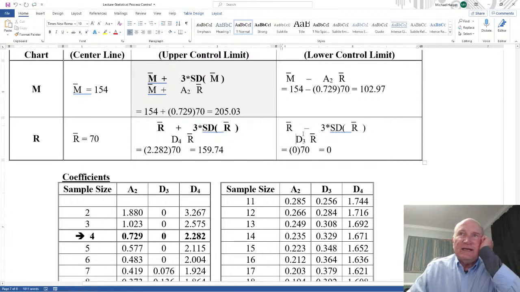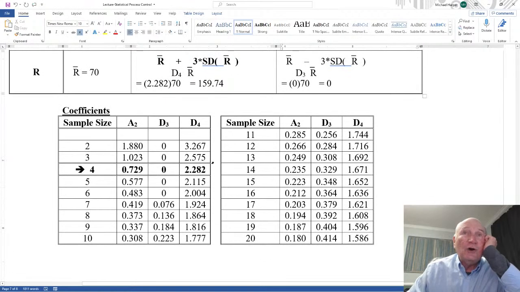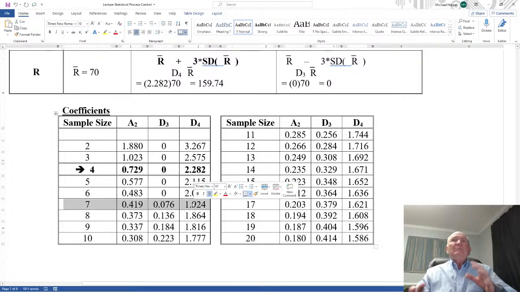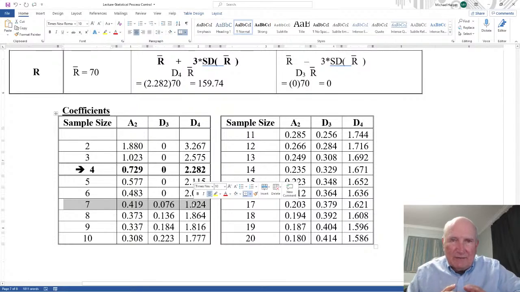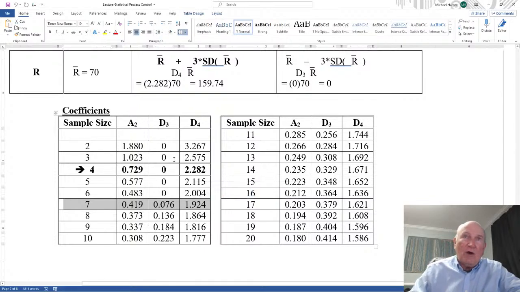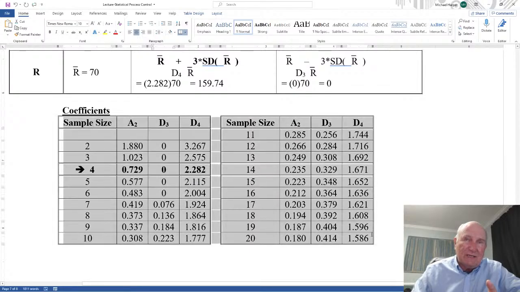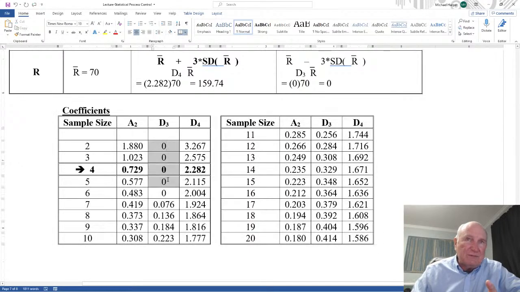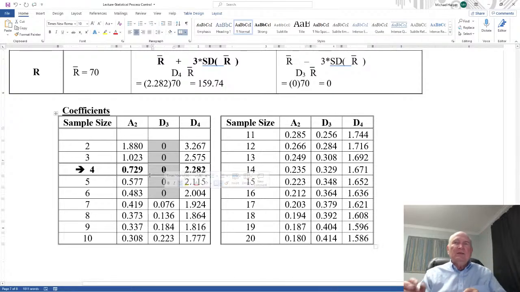It's the same thing. You put all this together and it's a D3. And notice that the D3 is all 0 until you get to a sample size of 7. Why? Because R bar cannot be negative. Down here they've already rounded up to 0. This is industry tables, not my tables. So the P chart, the C chart, the R chart cannot be negative.